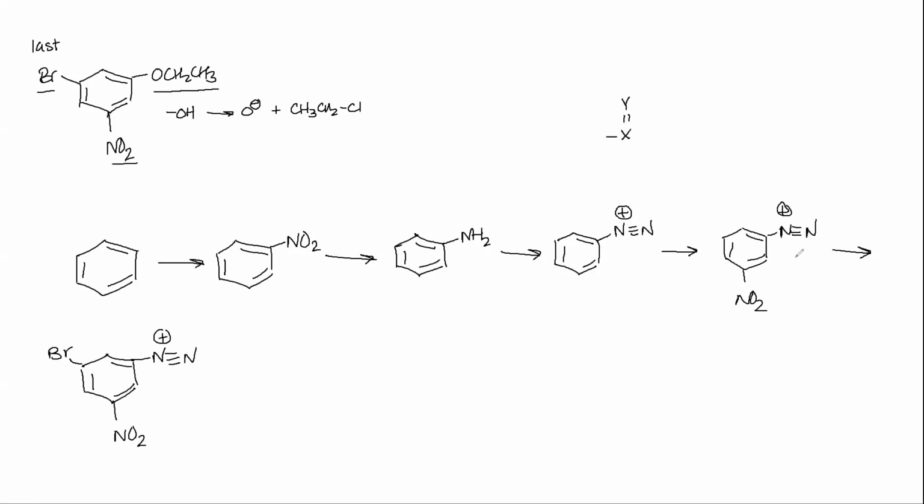Because once I turn the N triple bond N into an OH group, it's going to direct ortho and para, and so I need to get the bromine on while I have this group that's directing, and the nitro group would also direct to the meta position.